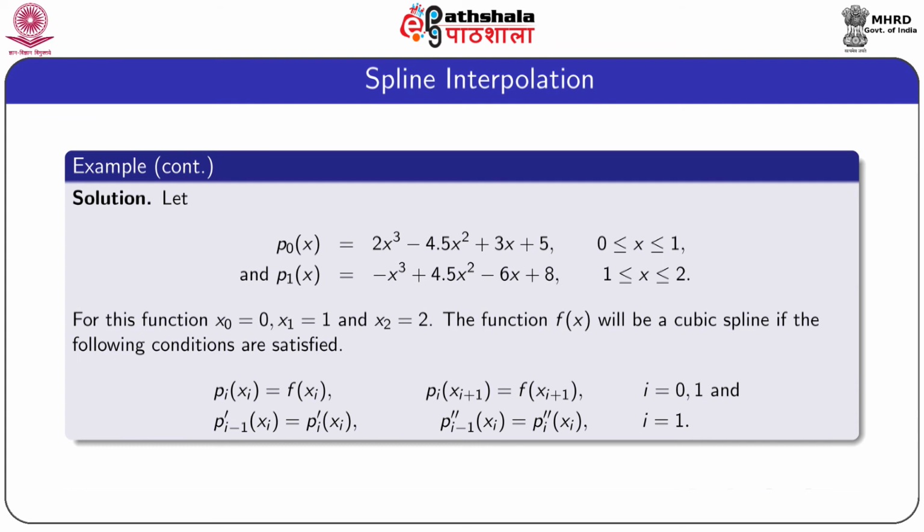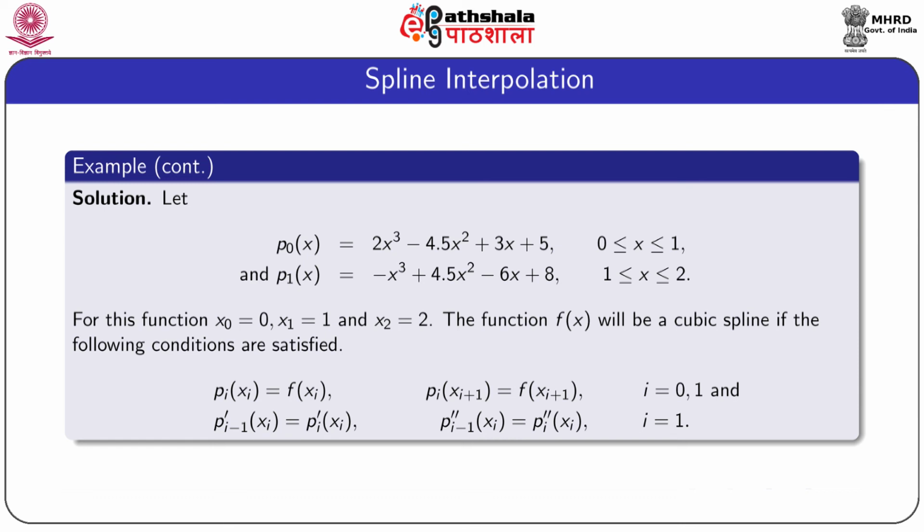The function f(x) will be a cubic spline if the following conditions are satisfied. The first condition is pi(xi) equal to f(xi). This is the condition of interpolating polynomial. Second condition is pi(xi+1) equal to f(xi+1), and these two conditions are valid for i equal to 0 and 1.